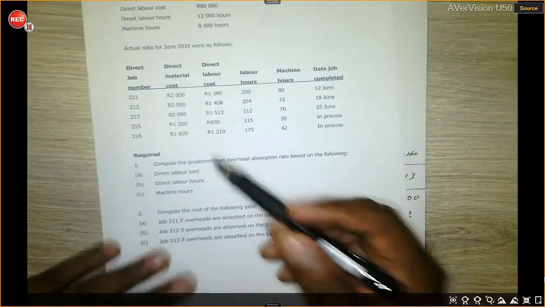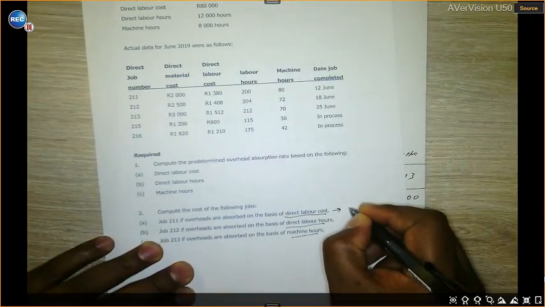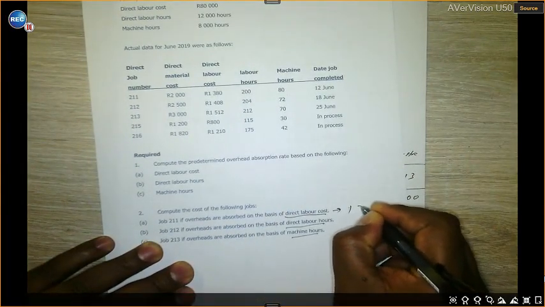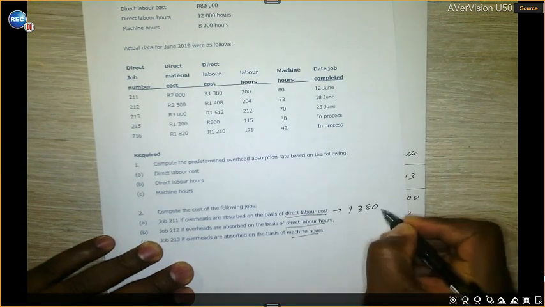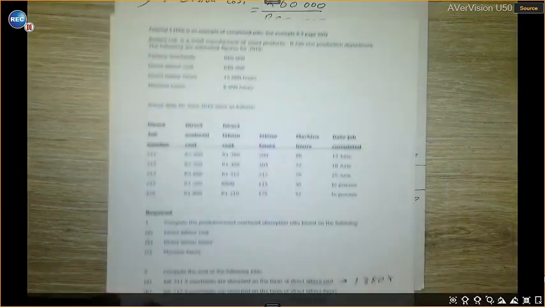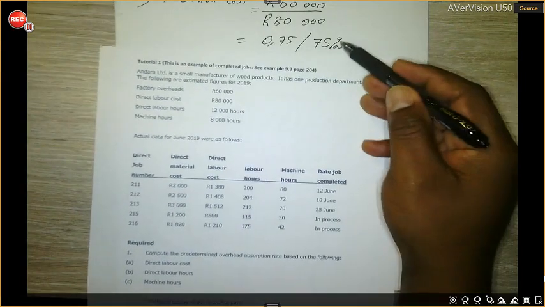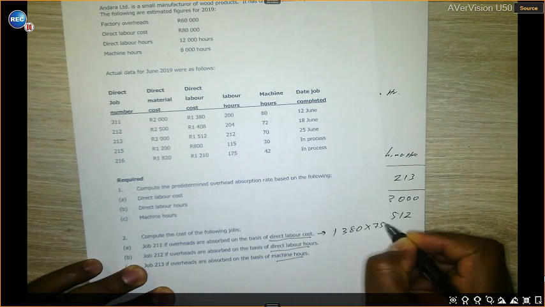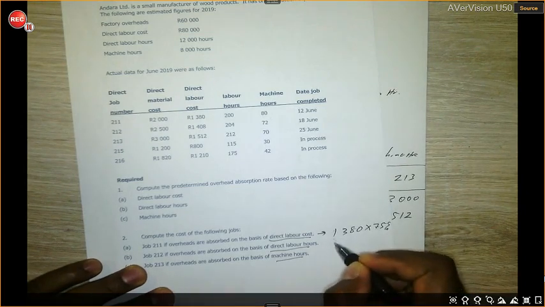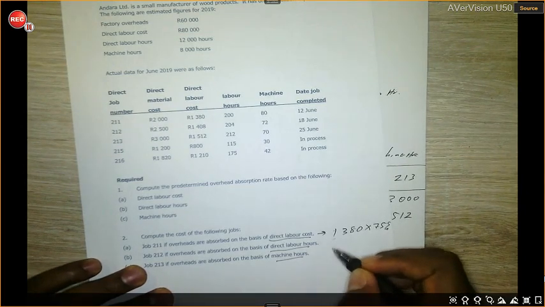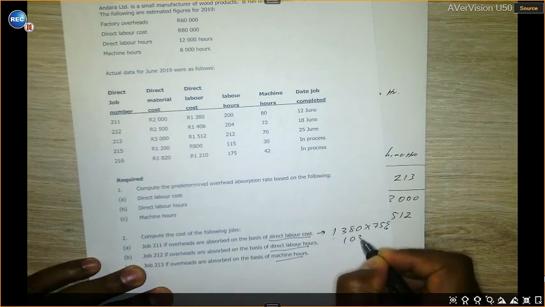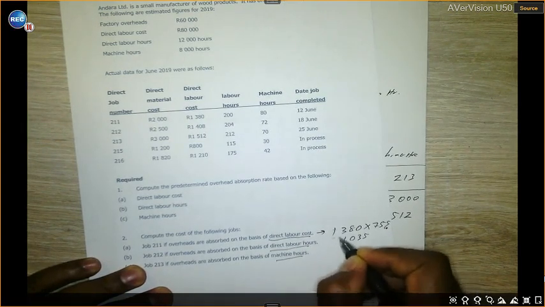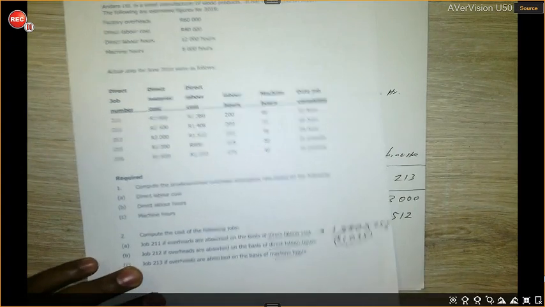The labor amount for this job is 1,380. You simply multiply that by 75%, and it's going to give you 1,035. This is the amount you are looking for.